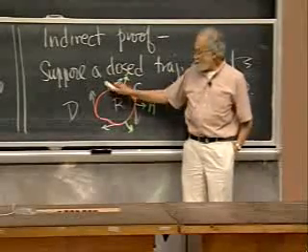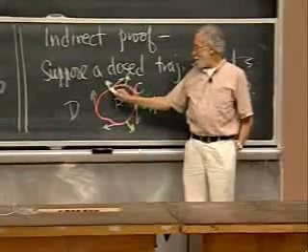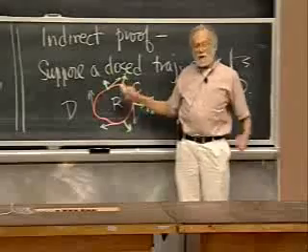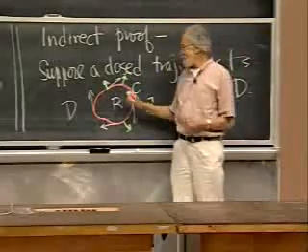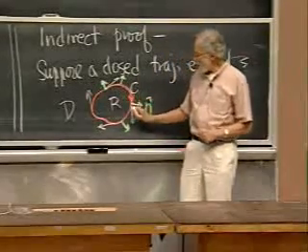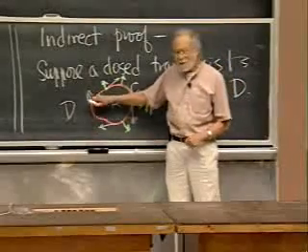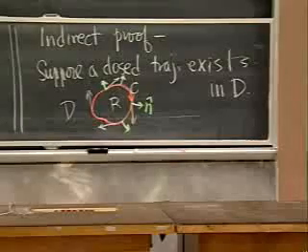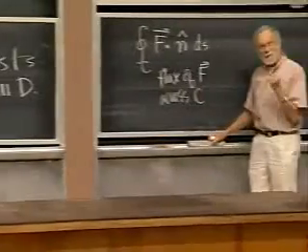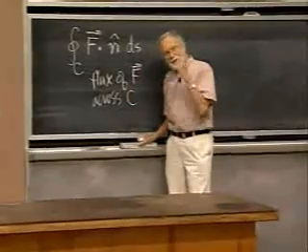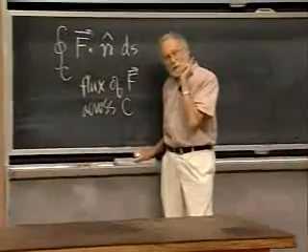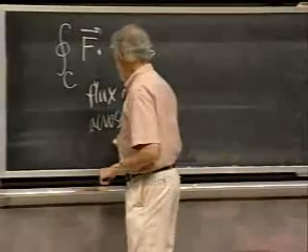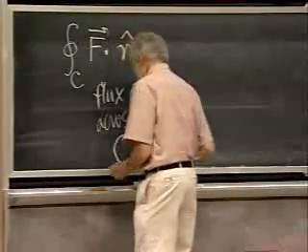The normal vector points perpendicularly to the curve, but the field vector is always tangent to the curve because this curve is a trajectory. It's always going in the direction given by that white field vector. You follow? A trajectory means it's always tangent to the field vector and therefore always perpendicular to the normal vector. So this is 0.